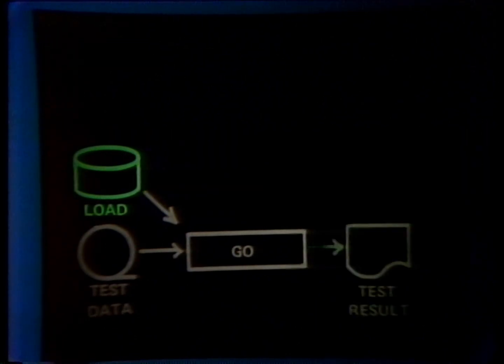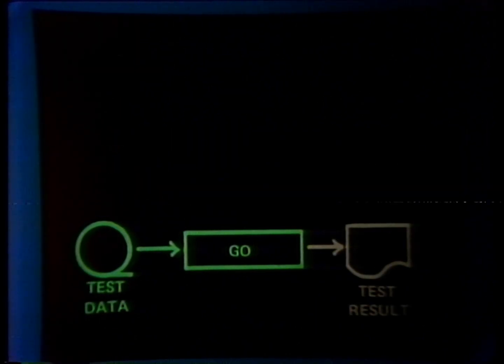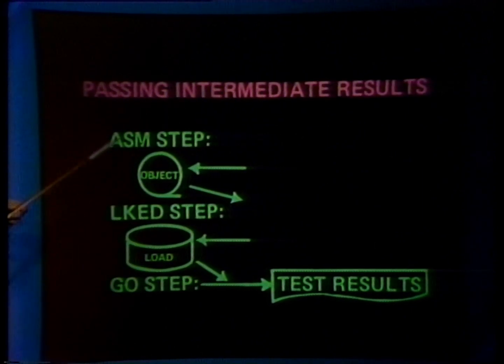Operating on test data, it produces test results, which we analyze for bugs, and then we revise our source statements accordingly. The point is that during testing, the object module and the load module produced by the assembler and link edit steps are merely intermediate results on the way to obtaining the test results.